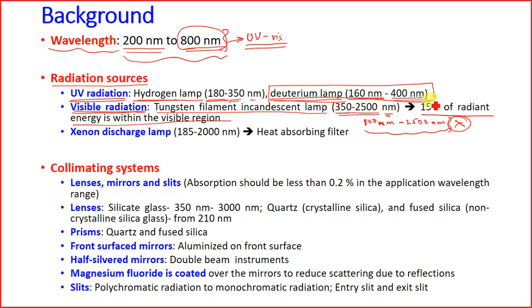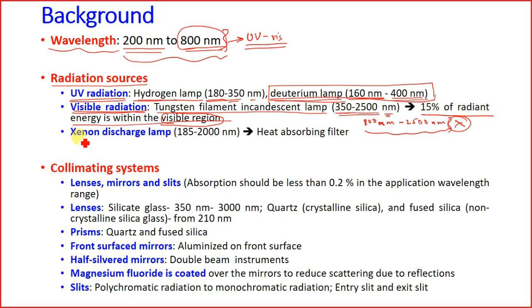As I said, of the total radiation emitted, only 15% of the radiant energy is within the visible region, and the rest, 85% of the radiations generated by this tungsten filament incandescent lamp, go waste. So there is a huge waste of energy, right?